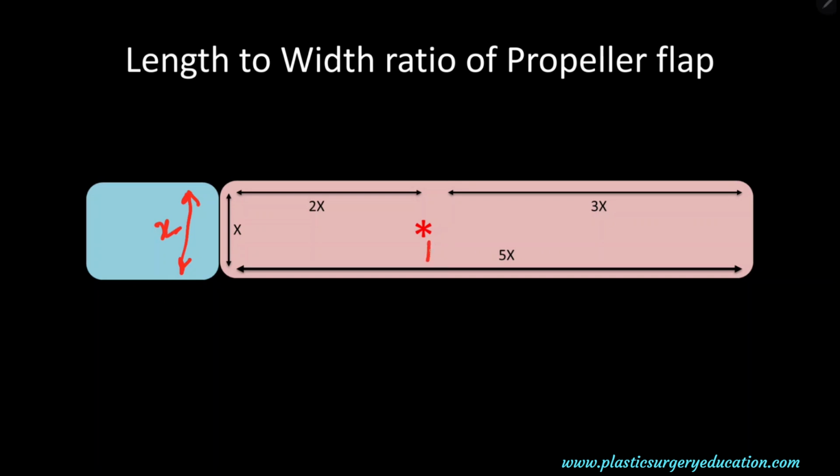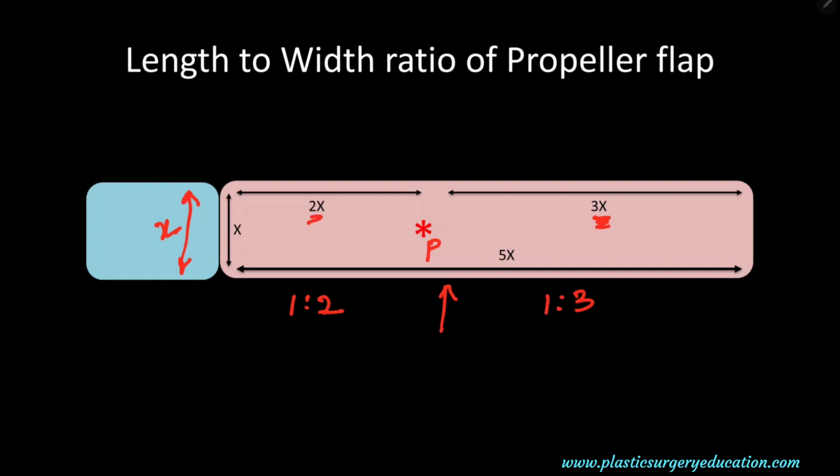Perforator is located over here, which is P. Let us divide this flap into two flaps based on location of the perforator P. One flap, this flap, is of ratio 1:2 because x is the width and 2x is the length. Other flap, we have ratio of 1:3 because x is the width and 3x is the length.